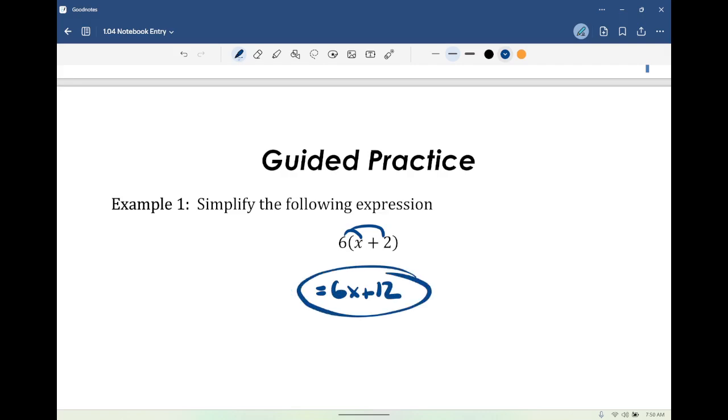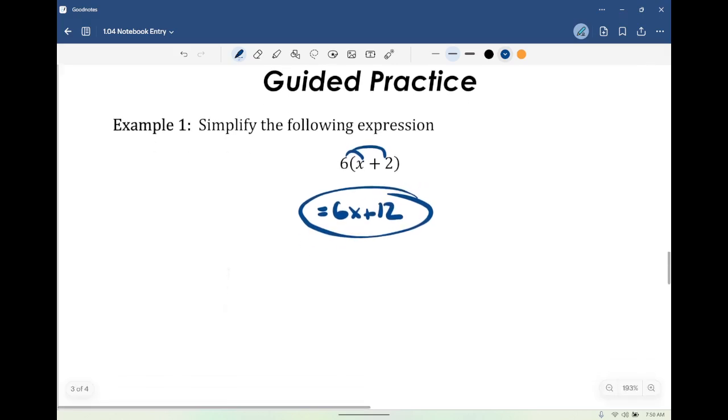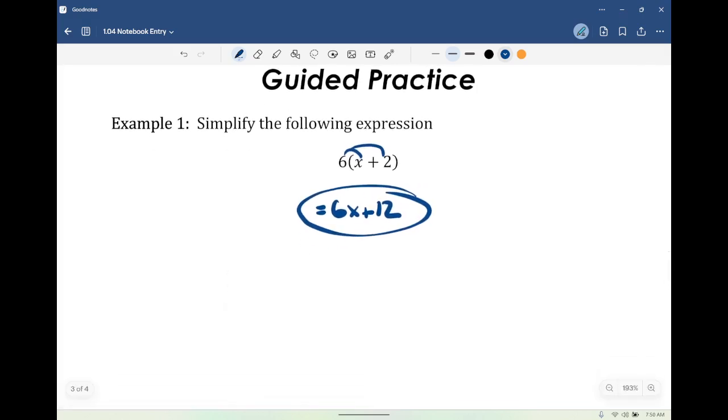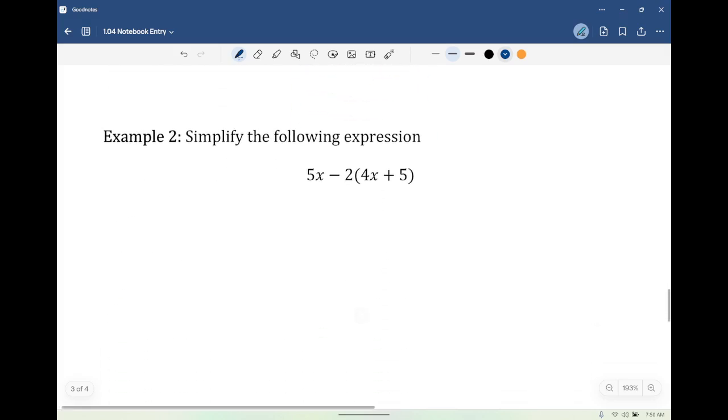There it is. Okay, what question? For example 2, yes. We'll talk about example 2 when we get there. And so again, example 1, fairly basic. Just looking to have the 6 be multiplied in. That's all.